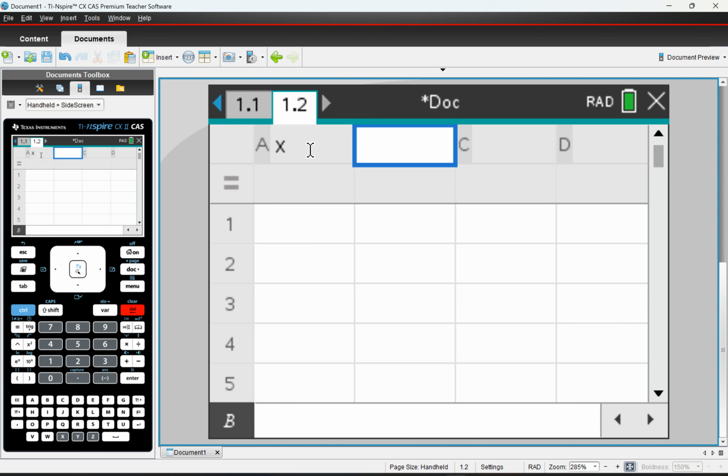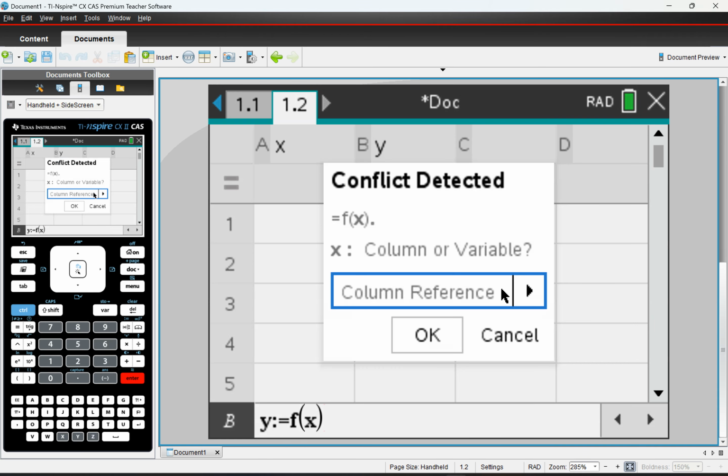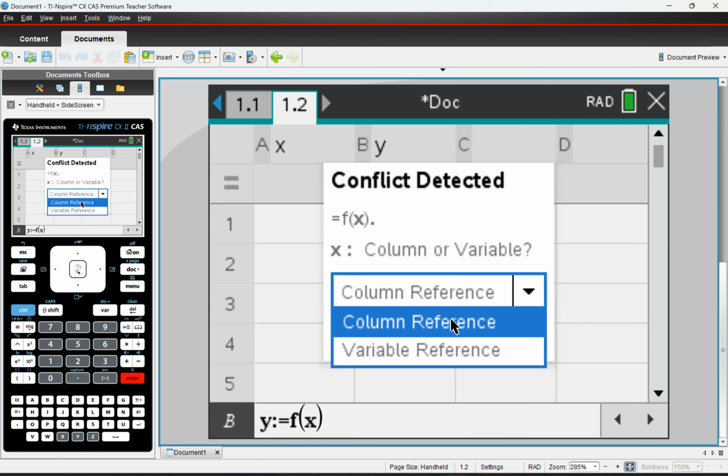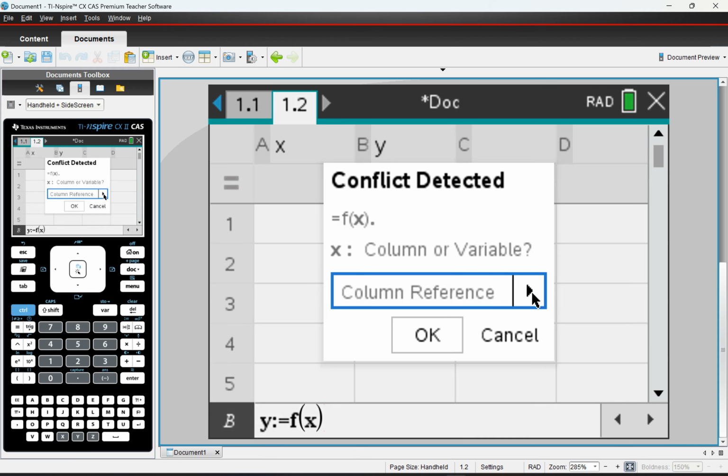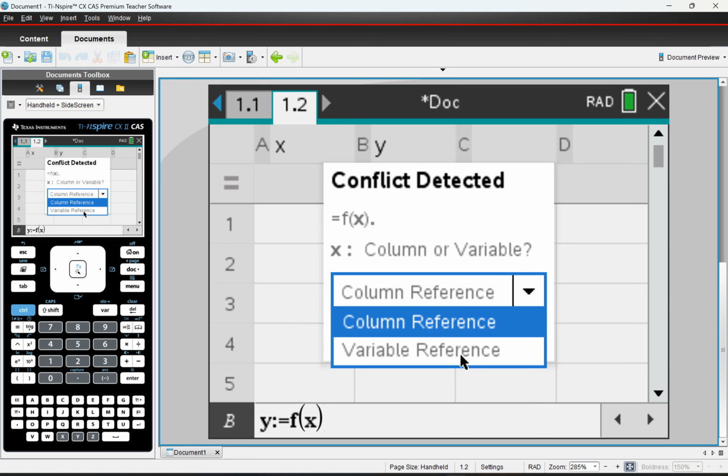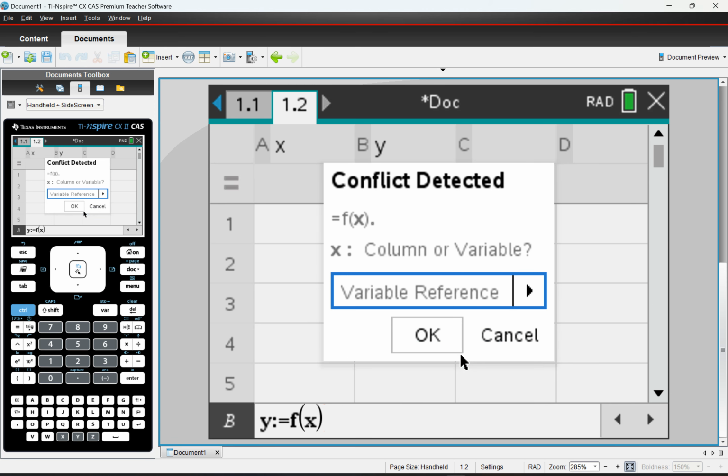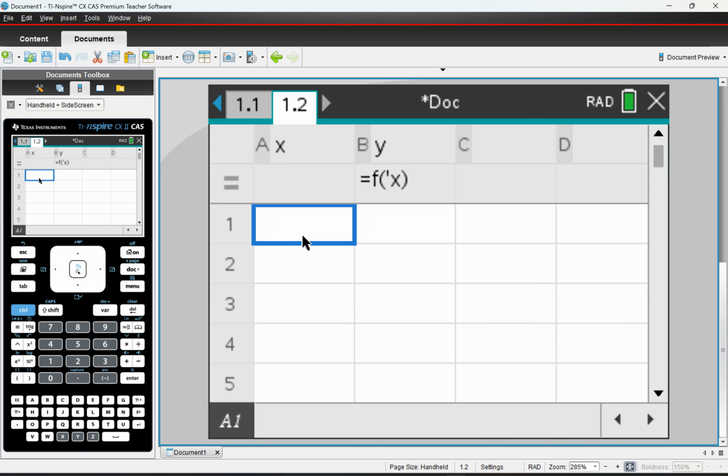Let's call it y, equals f of x, column reference. I think it's a variable reference. Let's see if this is true. f of 1, f of 4. Yeah, okay, it works. So you can see how I'm setting it up.